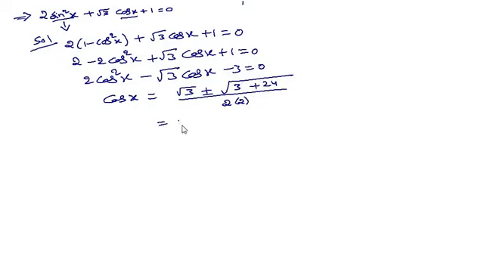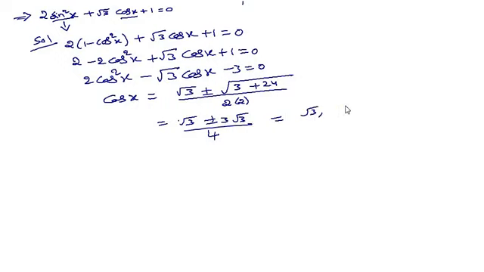So let us simplify this. This is root 3 plus or minus 3 root 3 divided by 4, since root over 27 we can write as 3 root 3. What we can do further? If you take plus, it will be root 3.